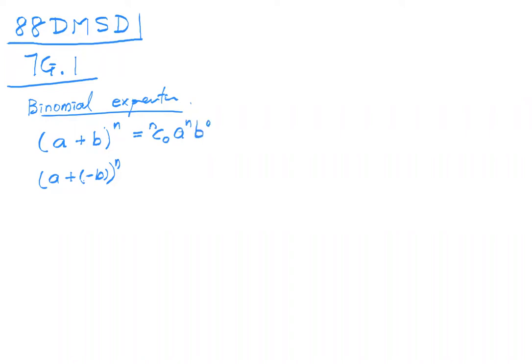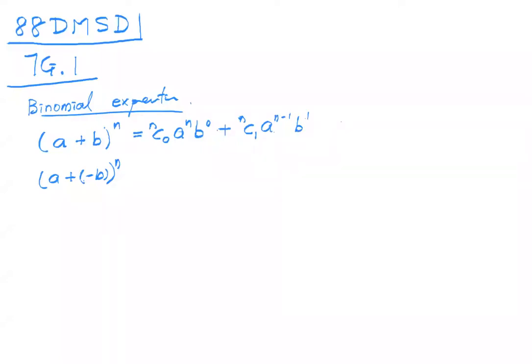This one goes with the first term, this one goes with the second term, the bottom. Plus, there are altogether NC1 number of this type of terms when you expand: A to the power n minus 1, B to the power of 1.